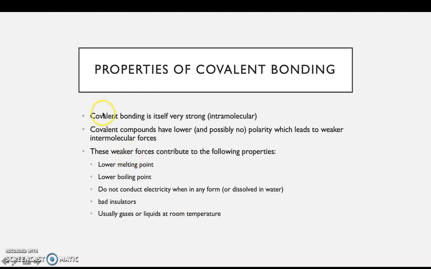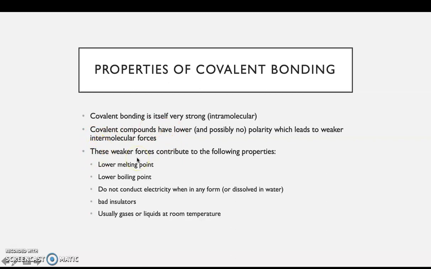Some properties of covalent bonding then. Covalent bonding in itself is also a very strong intramolecular force. Covalent compounds have lower and possibly no polarity though, which leads to weaker intermolecular forces. Okay, so even though the covalent bond itself is very strong, the intermolecular forces are weak, or weaker than ionic.